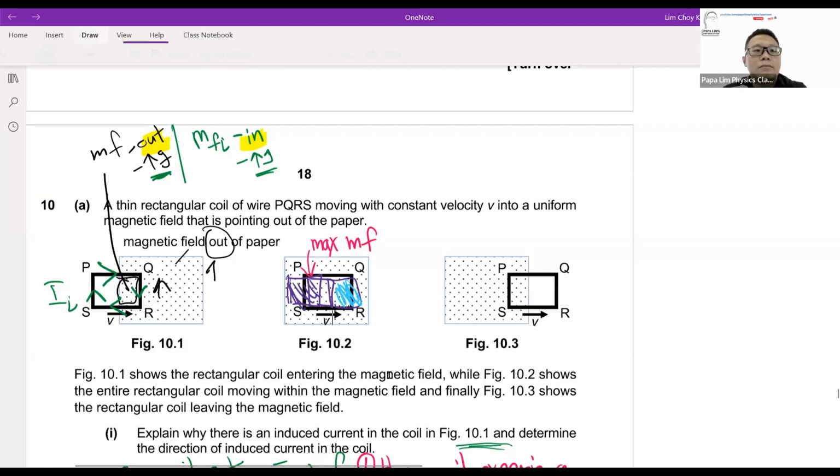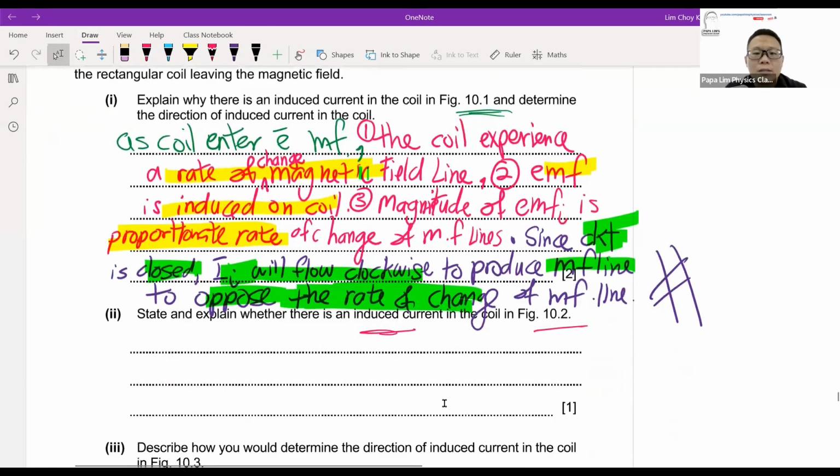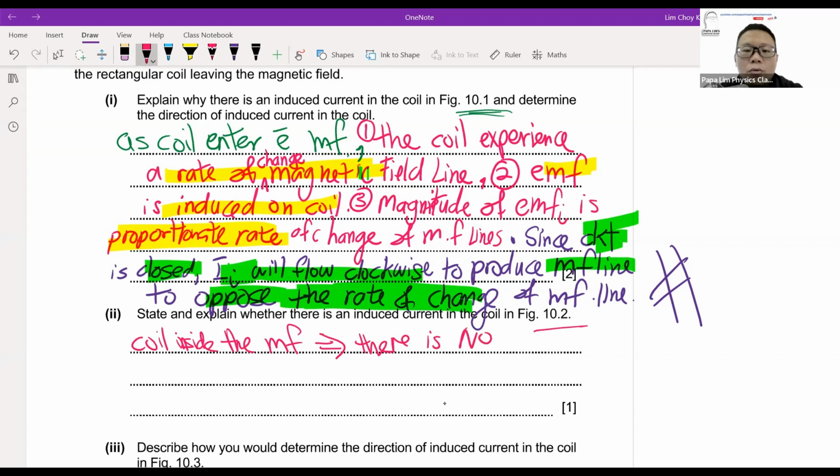So one of the things that students must take note of is that while the coil is inside the magnetic field, in 10.2 there's always the maximum field line, but there is no rate of change of magnetic field lines.